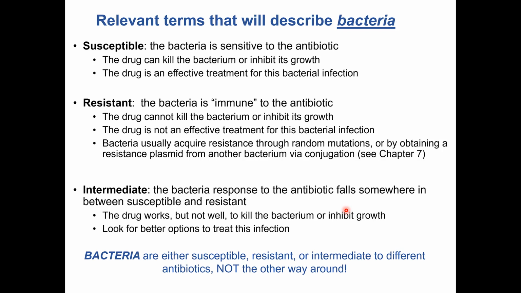If you go back to Chapter 7 in this class, you will remember that bacteria usually acquire resistance in a couple of different ways. They could just acquire a random mutation that makes them resistant to that particular drug, or they can inherit a resistance plasmid from another neighboring bacteria via conjugation.